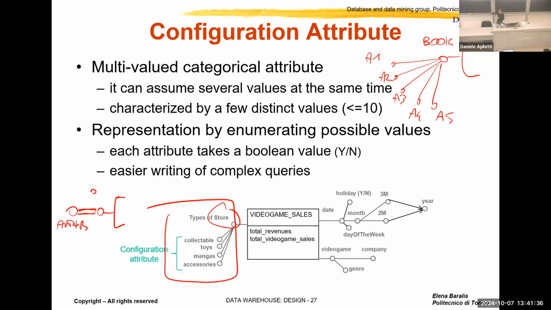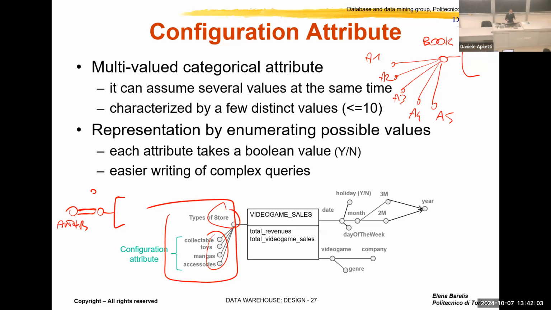So when the number of options is low, imagine these are yes, no, or a three-state, yes, no, I don't know, or something like no, low, medium, high, you multiply all the possible options and you obtain a number which is small.